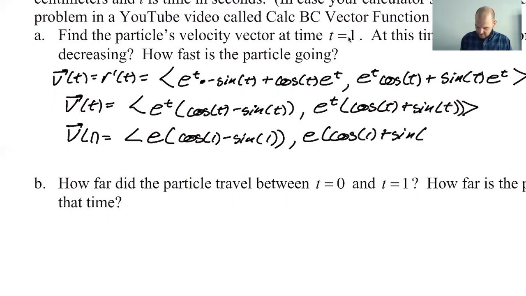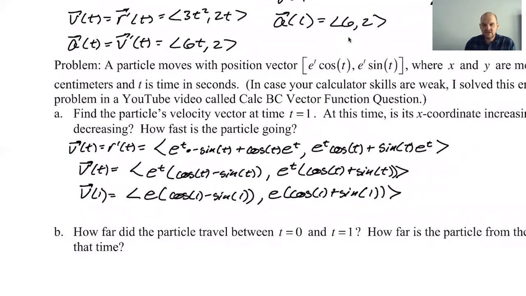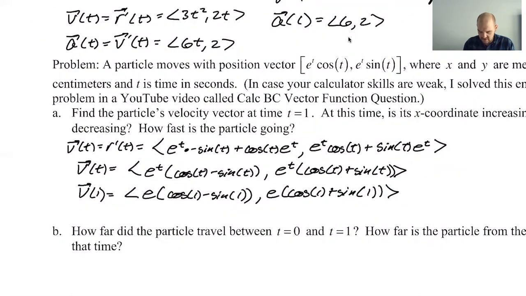And sure, that's true. That's what it is. But what does that represent? This v of 1 thing looks just horrible. Okay. So that's it. Is its x coordinate increasing or decreasing?